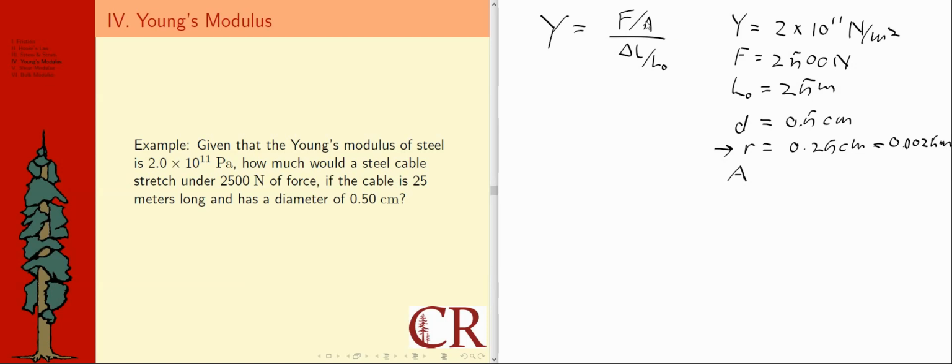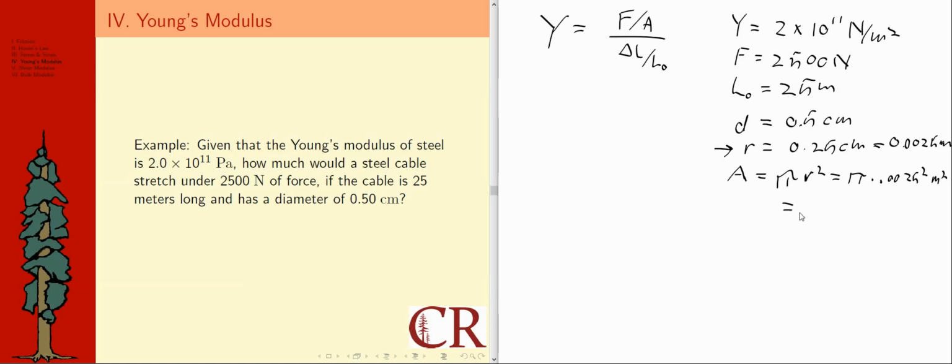Recognizing that area is what's in this formula, I'm going to go ahead and do that. We're thinking about pi r squared, the standard area of a circle, because the cross-sectional area of a cable is probably given by a circle, and we were given a diameter. In my calculator, I'm going to use my pi button and multiply by 0.0025 squared, and that should give me an area in meters squared.